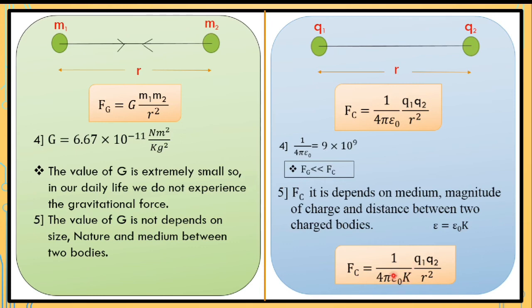That's why the force between two charges in air or vacuum has a large value compared to the material medium. So Coulombic force depends on the medium, the magnitude of the charges and the distance between the two charged bodies.